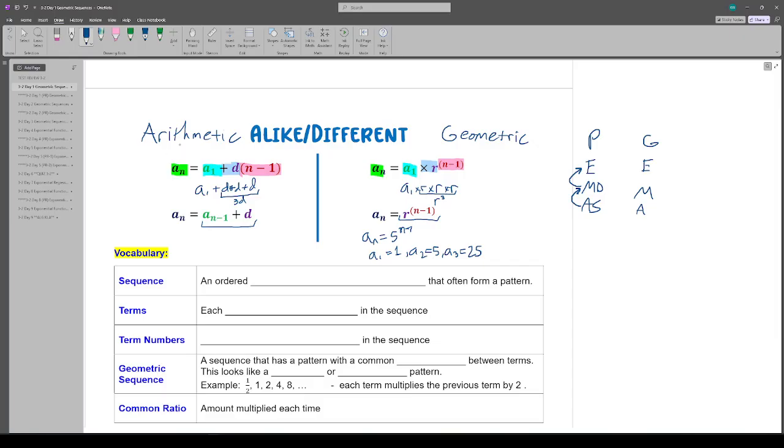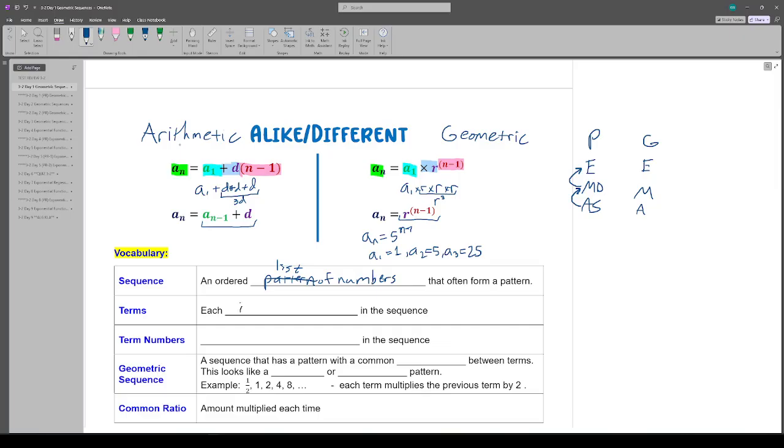So some reminder vocabulary and a little bit of new vocabulary. A sequence is an ordered list of numbers that form a pattern.